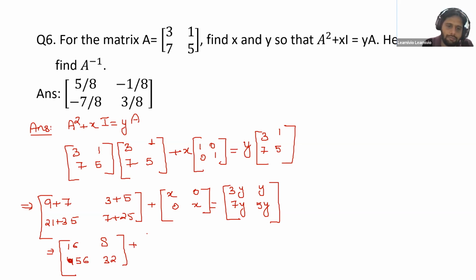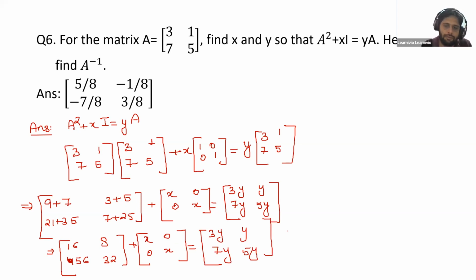Here we have x00x plus the first matrix, equal to 3y, y, 7y, and 5y. Now add these two. We will get 16 plus x, 8, 56, 32 plus x.